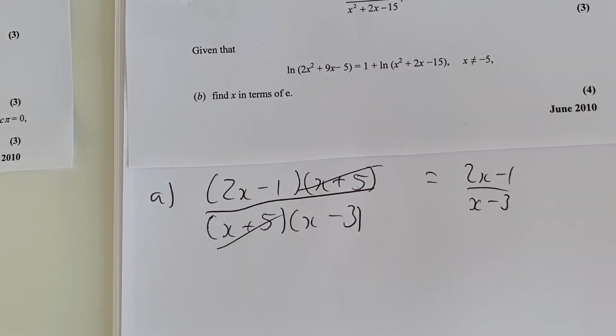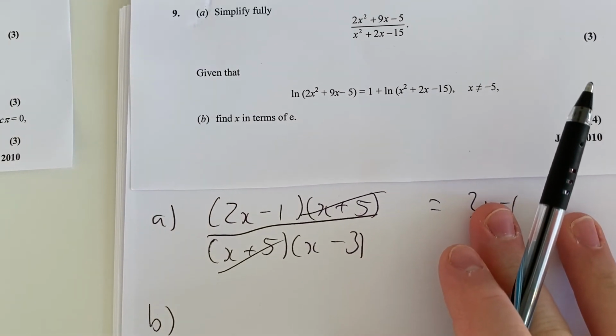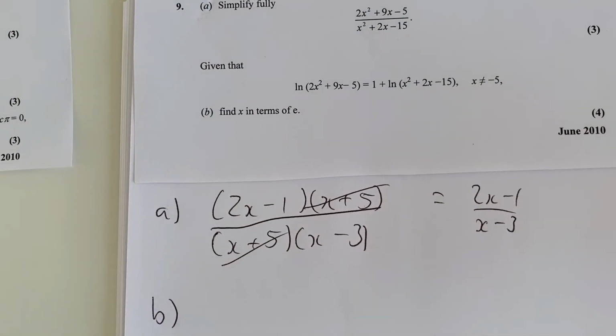So then, given that we have this equation here, log of 2x squared plus 9x minus 5 equals 1 plus log of x squared plus 2x minus 15, find x in terms of e.